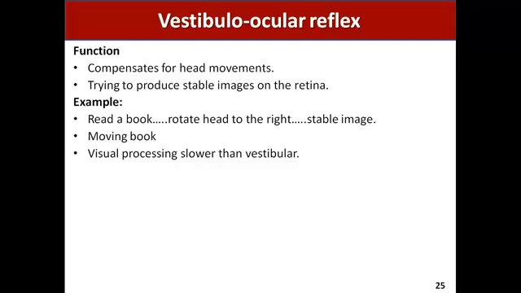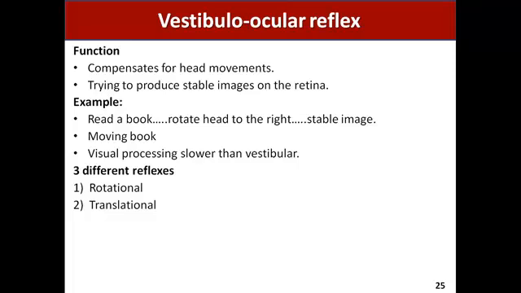All you're doing is generating impulses through the optic nerve, and our visual processing is slower than our vestibular. So when you move the book and not your head, it becomes much more difficult to read, because you're not getting simultaneous input from your vision and the vestibular system.